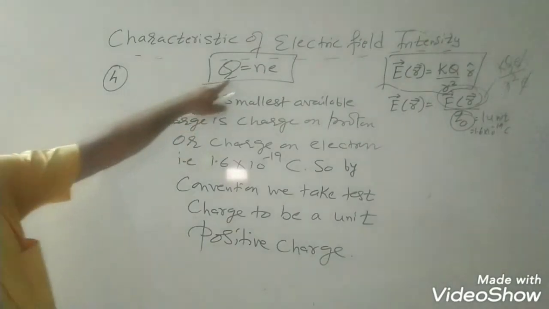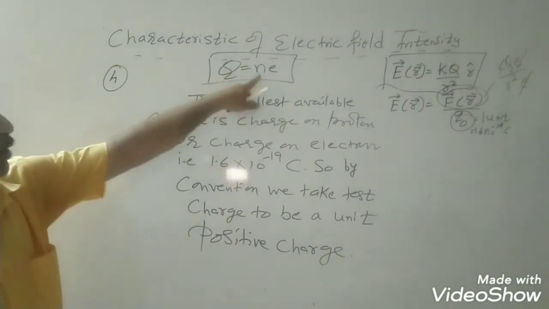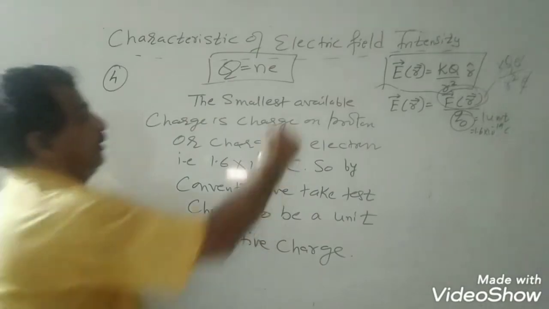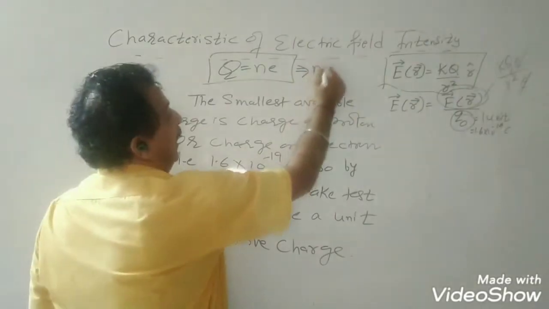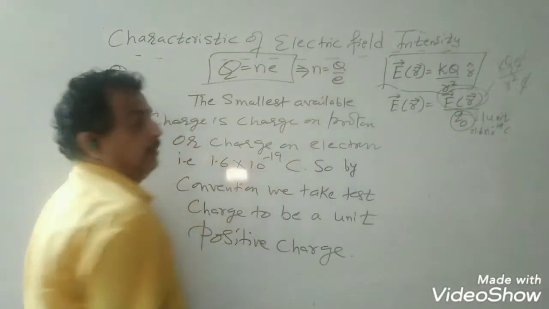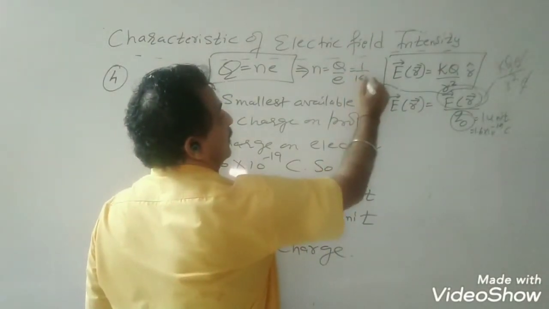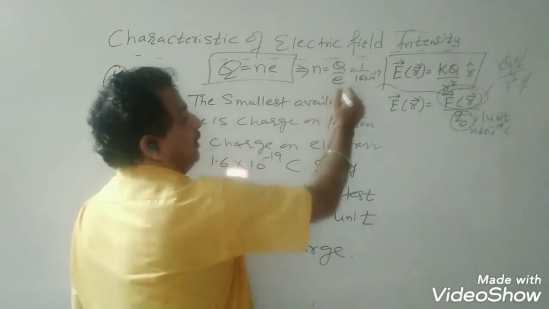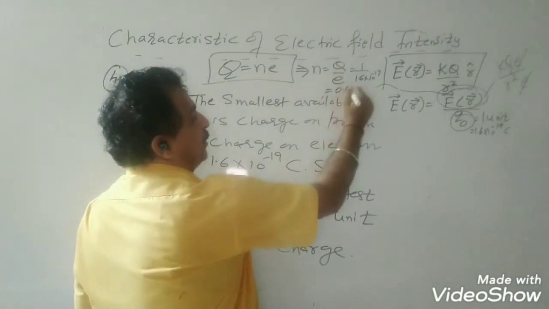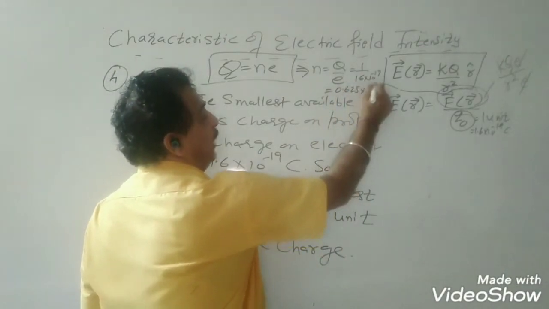Now if I say Q is 1 coulomb, find the number of protons or electrons. The simple equation will be N is equal to Q by e. Now if Q is 1 coulomb, 1 divided by 1.6 into 10 raised to minus 19. This is equal to 0.625 into 10 raised to 19.